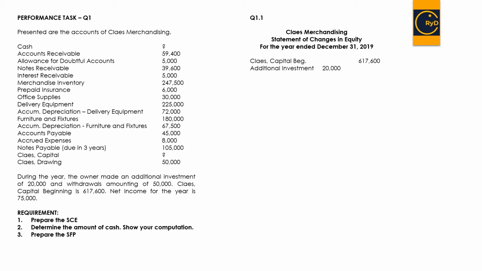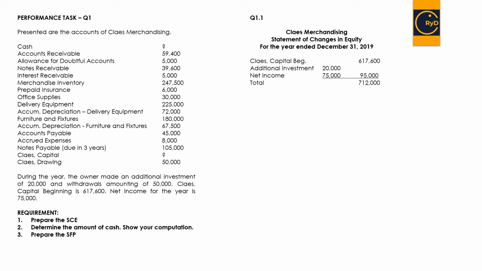Then we add our additional investment of 20,000 and the net income of 75,000. We sum that up to arrive at 95,000, and then we add our capital beginning. So our total is now 712,000.